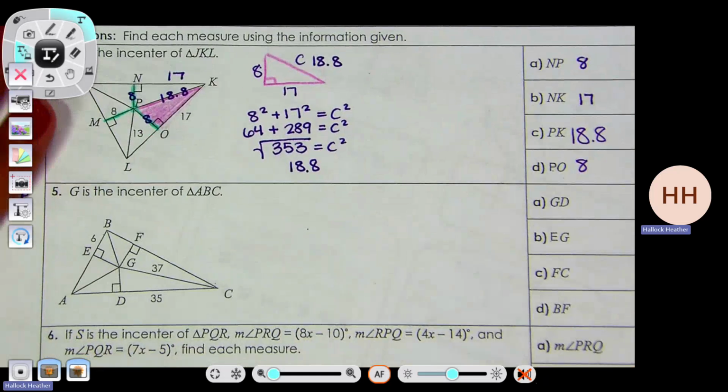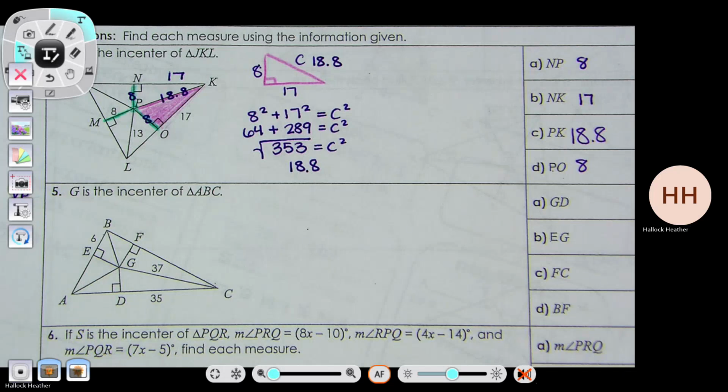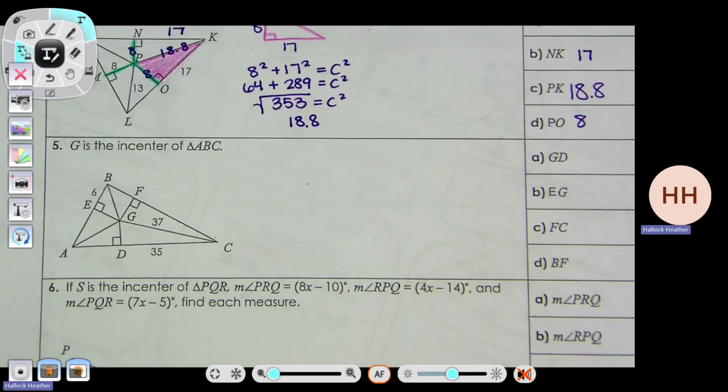Try number 5. Start by moving around the outside. So where else can 6 go?